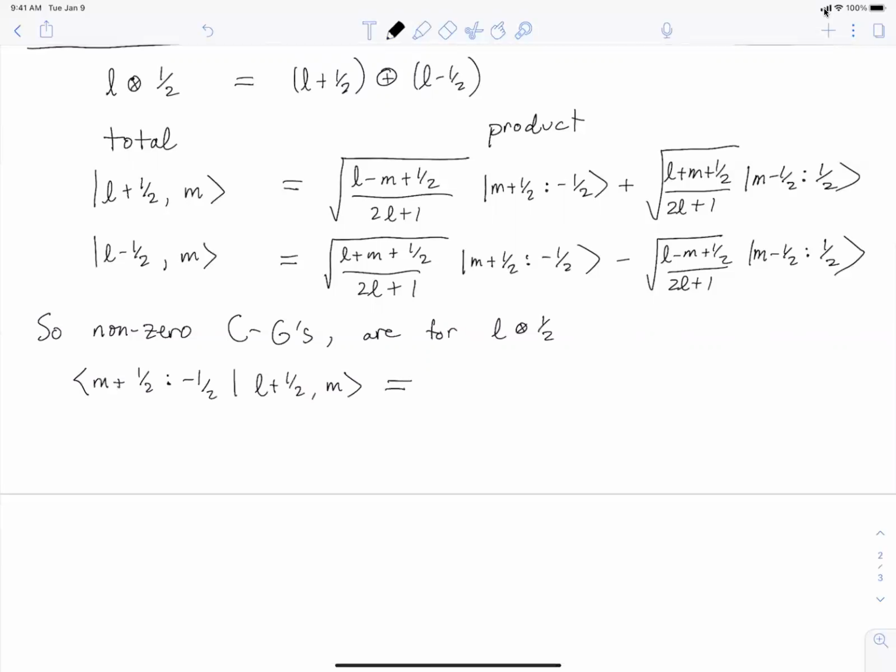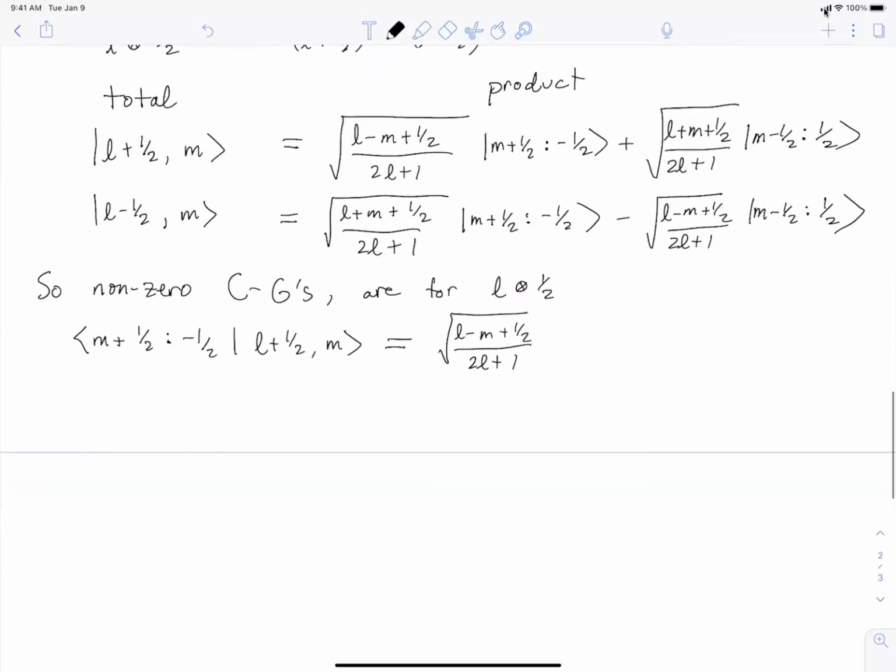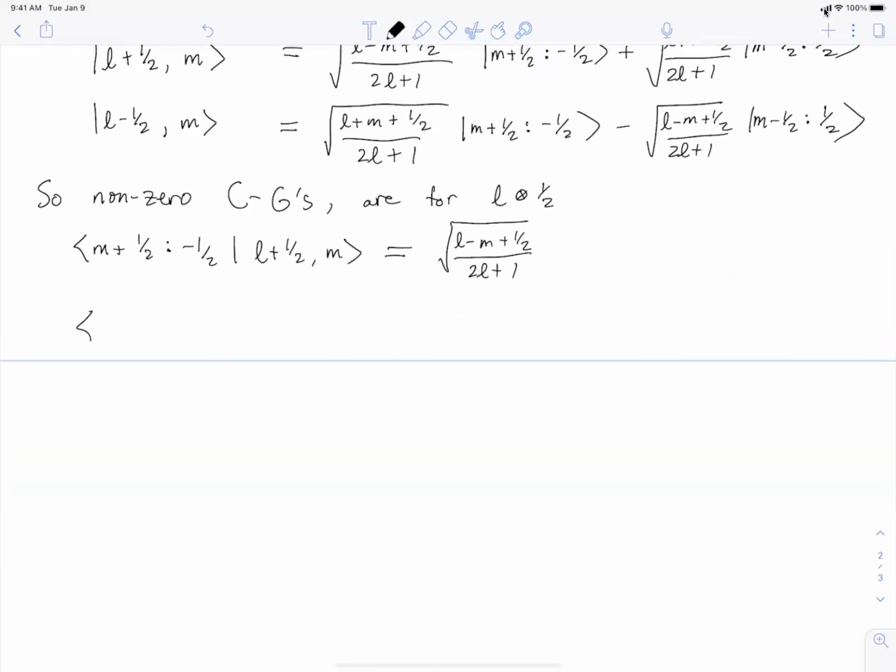We just read that off as this square root of (L minus m plus 1/2) over (2L plus 1). Okay, and then m plus 1/2 colon minus 1/2, L minus 1/2, m is a different square root where we just basically flip the sign of m.